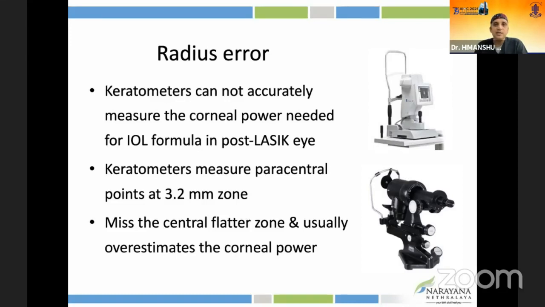In cases where the anterior surface relationship is altered, like in LASIK, the keratometric values are falsely overestimated, because the measurement is done somewhere around a 3.2 to 3.5 millimeter zone, whereas the center of the cornea does not follow the same curvature. Hence we ended up with a hyperopic refractive error.